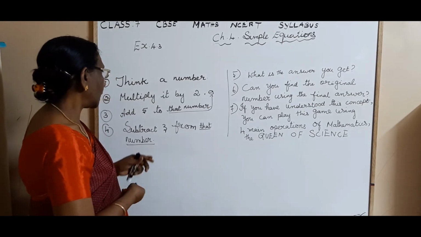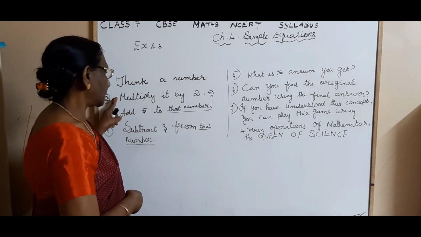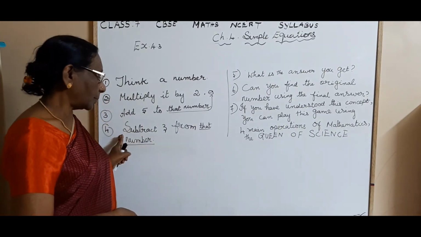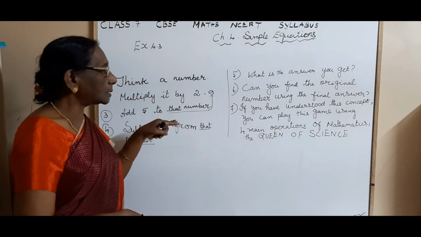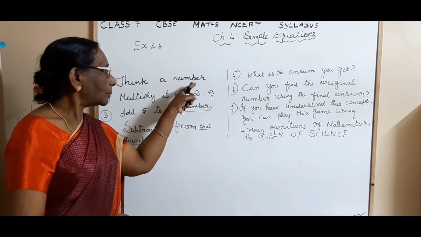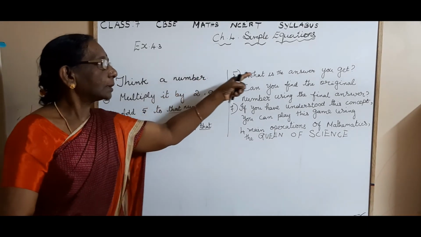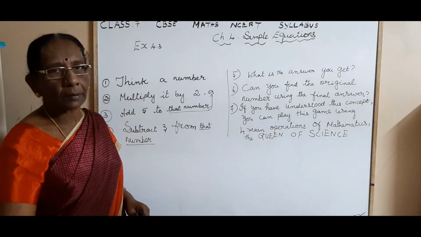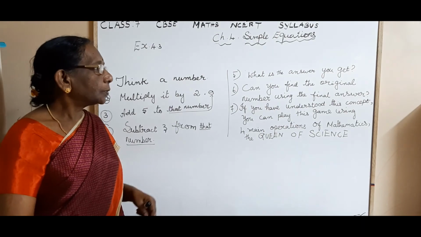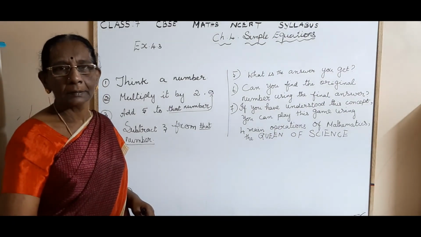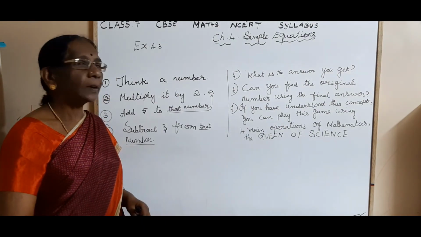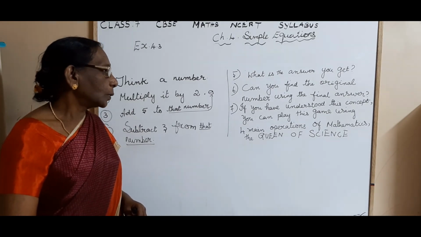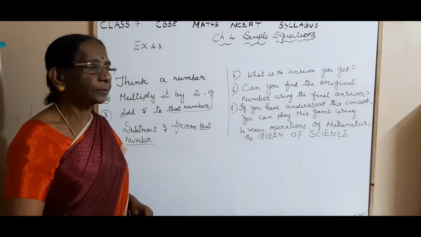So after doing first operation multiplication, then second operation addition, third operation subtraction, what is the final answer you are getting? Can you find the original number using the final answer?